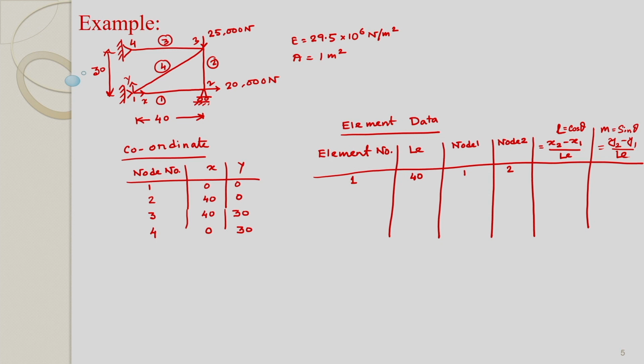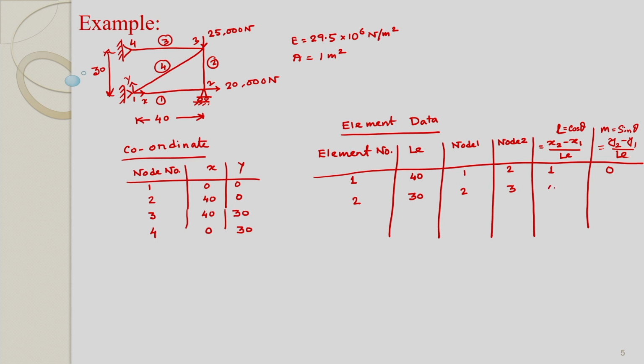Depending on the selection of node 1 and node 2, our L and M can be decided. So, in this case L is 1, M is 0. Then for element 2, LE is 30 for this element, node 1 is 2 and node 2 is 3.